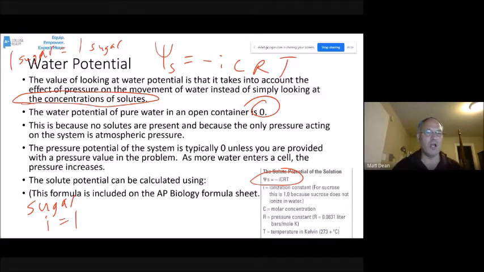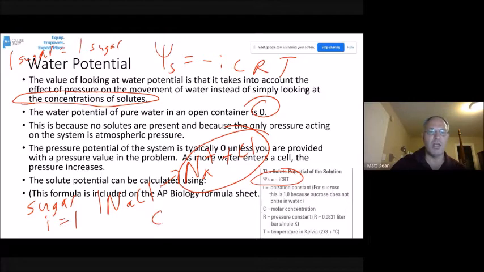On the other hand, if you have a salt, say like sodium chloride, if you start off with 1 formula unit of salt, not dissolved yet, and you put it into water, that 1 formula unit of sodium chloride breaks into 2 ions. So i for that solution is 2. If on the other hand we had a solute like, let's say, calcium iodide, if we put that in water, it might ionize into calcium ions plus 2 iodide ions.